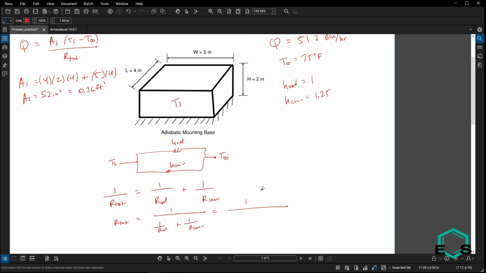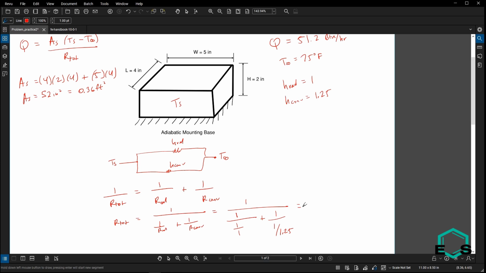Now for the resistance of radiation. So R radiation is equal to 1 over h radiation, which is just 1 over 1, plus, and similar with the convection, 1 over 1.25.